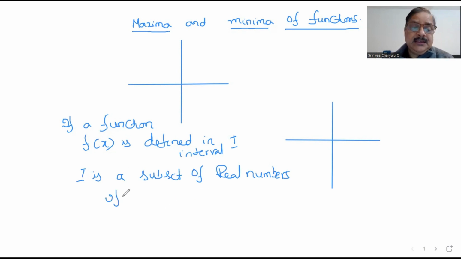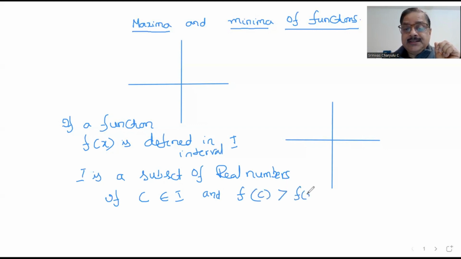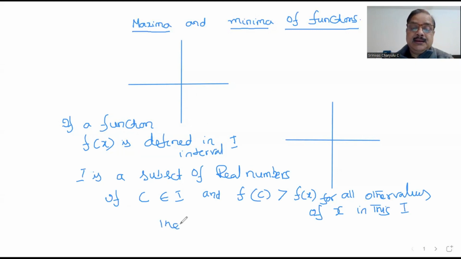Let us say C belongs to I, if there is an element called C belonging to this interval, and f of C is greater than f of x for all other values of x in this I, then f of C is called the maxima.